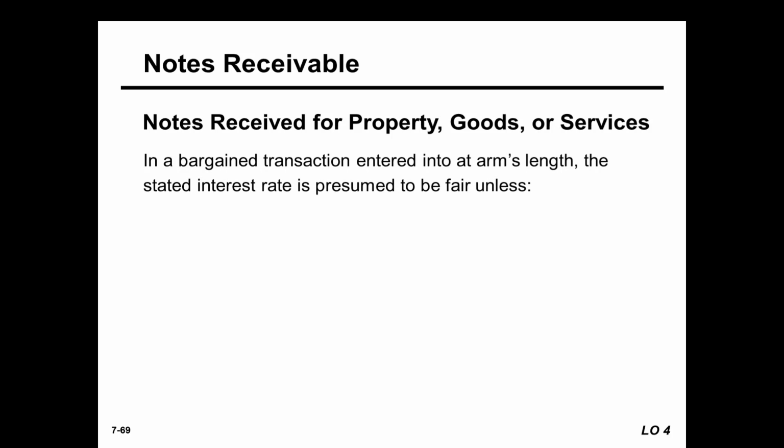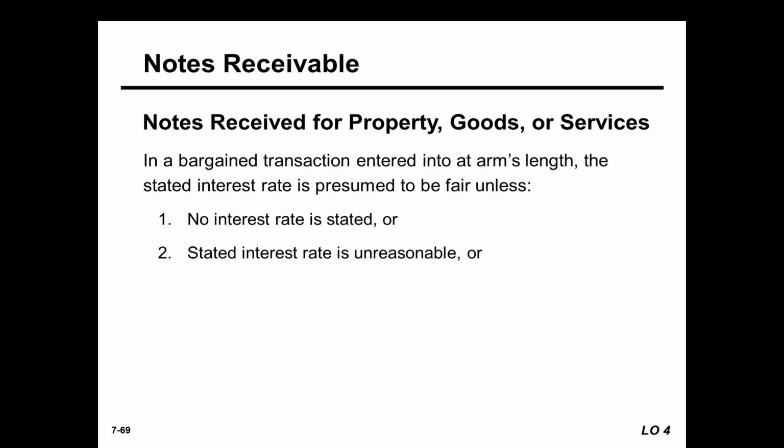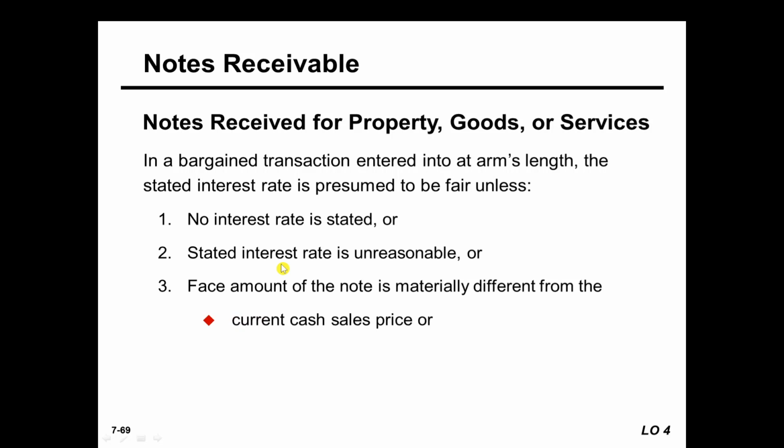And then, notes receivable that we receive for property, goods, or services. In a bargain transaction entered into at arm's length, the stated interest rate is presumed to be fair unless no interest rate is stated, the stated interest is unreasonable, or the face amount of the note is materially different from the current sales price.